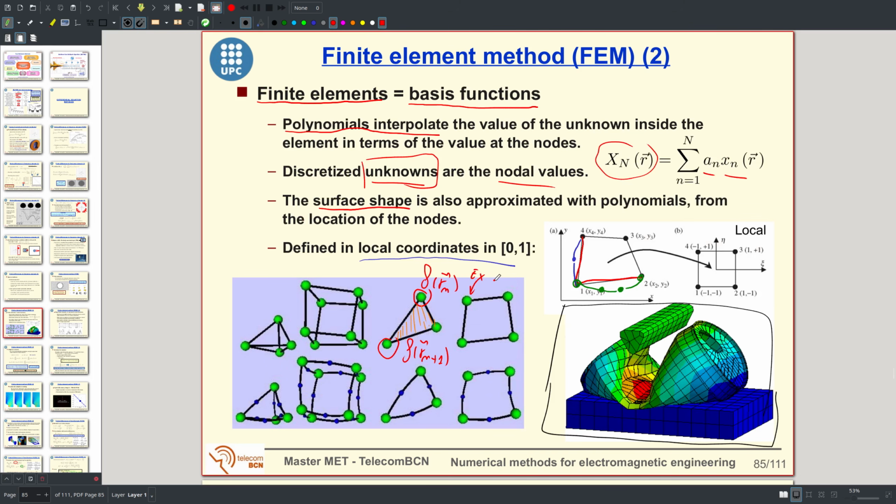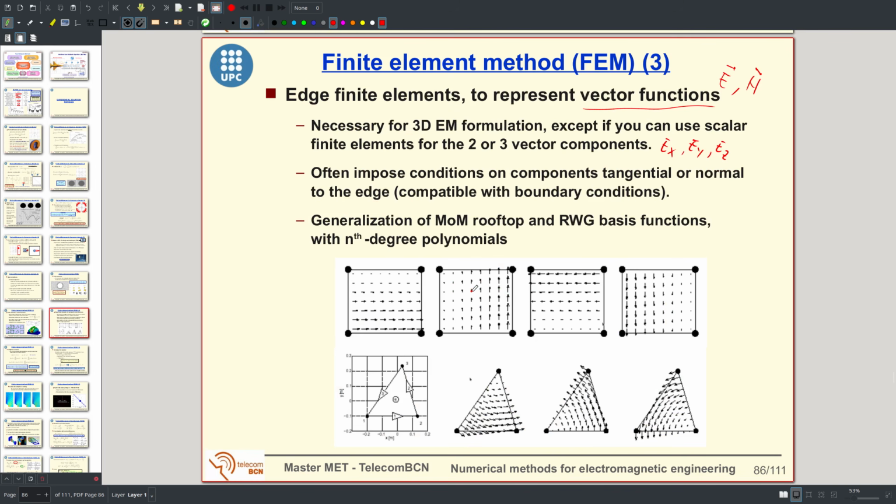In this case, the unknown would be the X component of the electric field, the Y component would be another unknown, and the Z component would be another unknown at the same node, 3 unknowns per node.